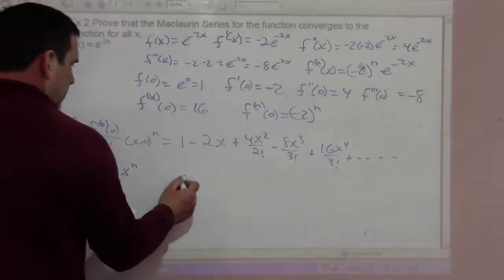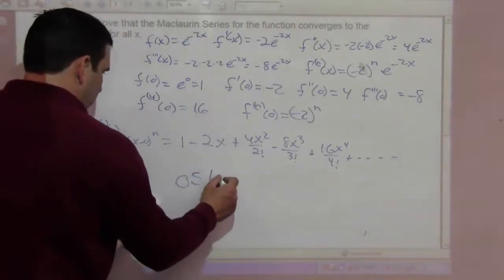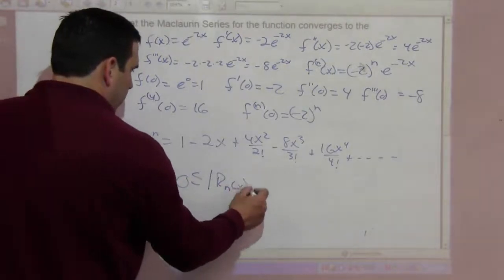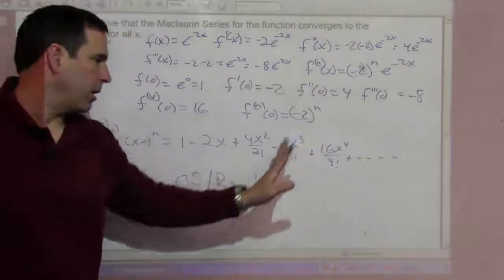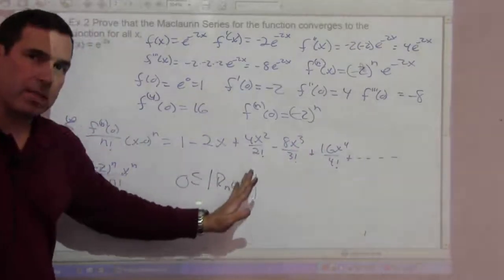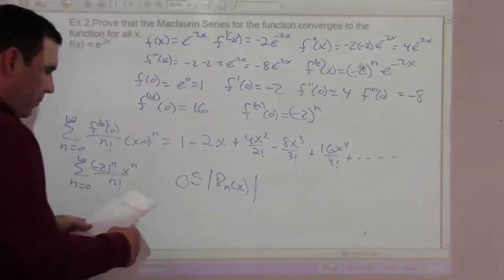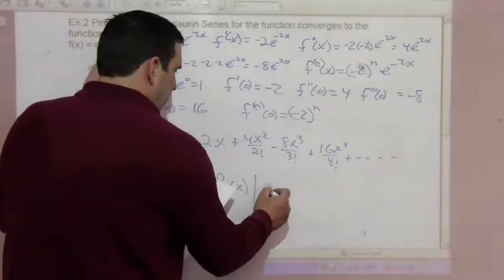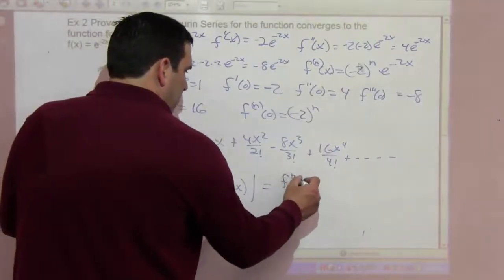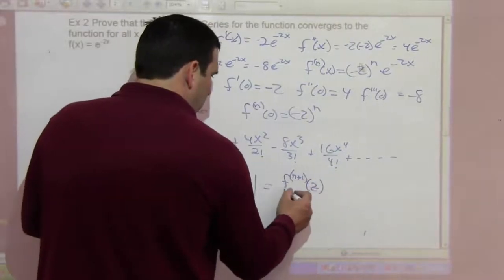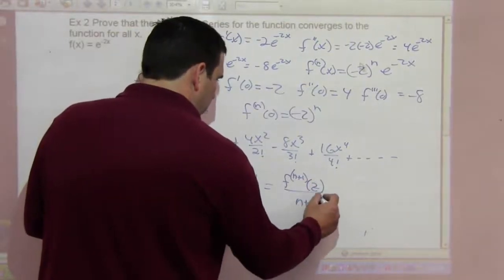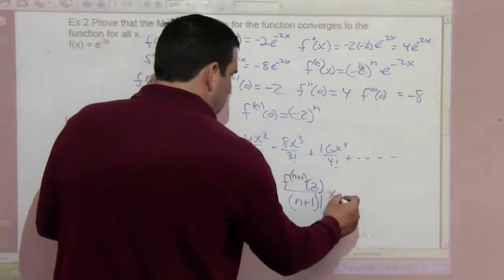Now, 0 is less than or equal to the absolute value of r sub n. That's our remainder. So that if we were to stop at some point, this is what would be left over that wasn't added up. And that's going to be the n plus first derivative of f at z over n plus 1 factorial x to the n plus 1.